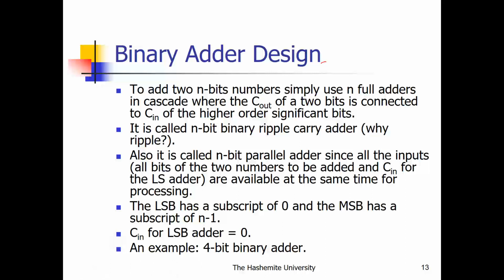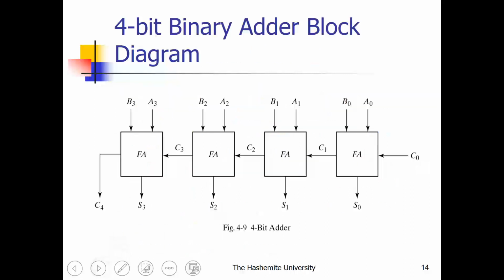With that said, we can now move from designing a single bit to multiple bits. In this instance, we are adding two numbers, A and B, where A is 4 bits and similarly B is 4 bits.